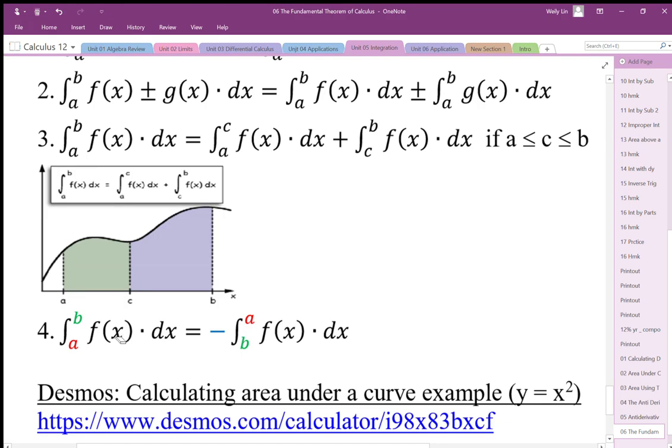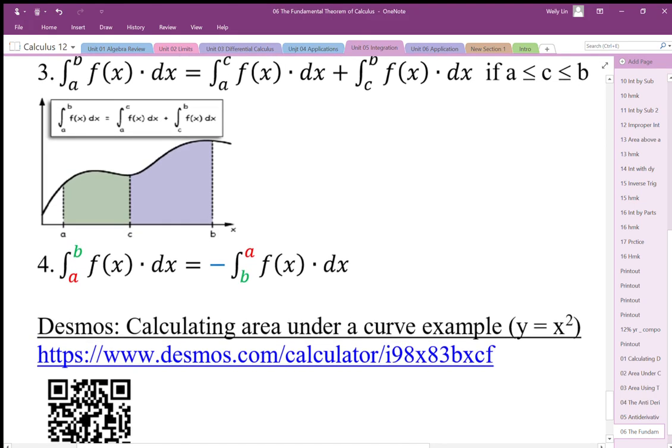It's a fairly simple idea: if I'm integrating from a to b, left to right, I'm going to have an opposite area if I integrate from b to a, or right to left. Algebraically, it's fairly easy to justify, because if I go big F of b minus big F of a, I'll put my b and a in there.